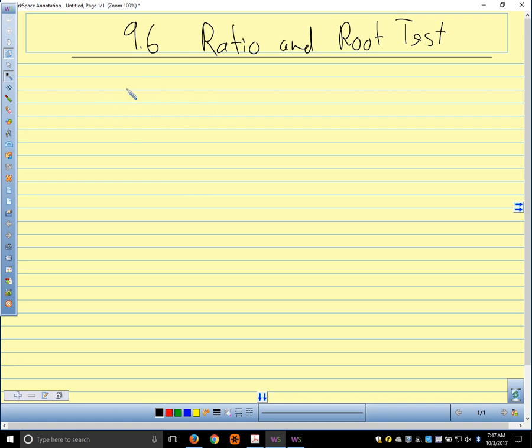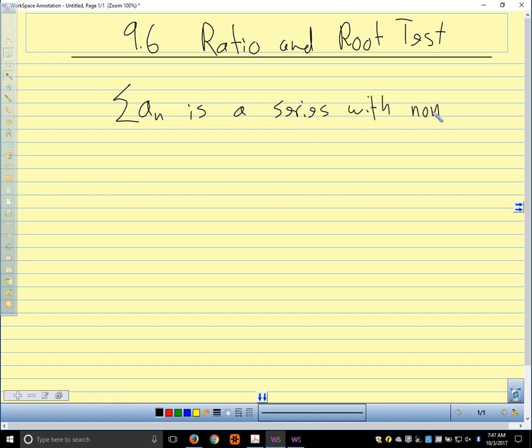So I'm going to say that the sum of a sub n is an infinite series. I'm not going to put the 1 to infinity. With non-zero terms. So it could alternate, doesn't have to alternate, doesn't have to be strictly alternating. It just, the terms need to be non-zero.